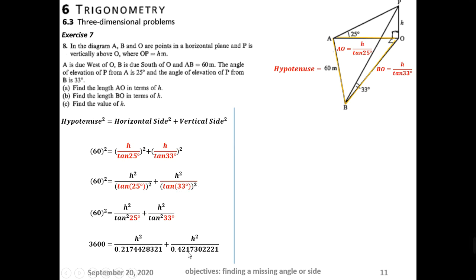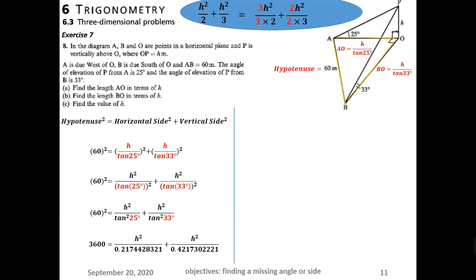Now, when we are adding two fractions, the secret, remember when we used to work with numbers or fractional expressions, the secret of adding two fractions is having the same denominator. Let me remind you about this. If we're saying h squared over 2 plus h squared over 3, you're going to multiply the first fraction by 3 and the second fraction by 2.